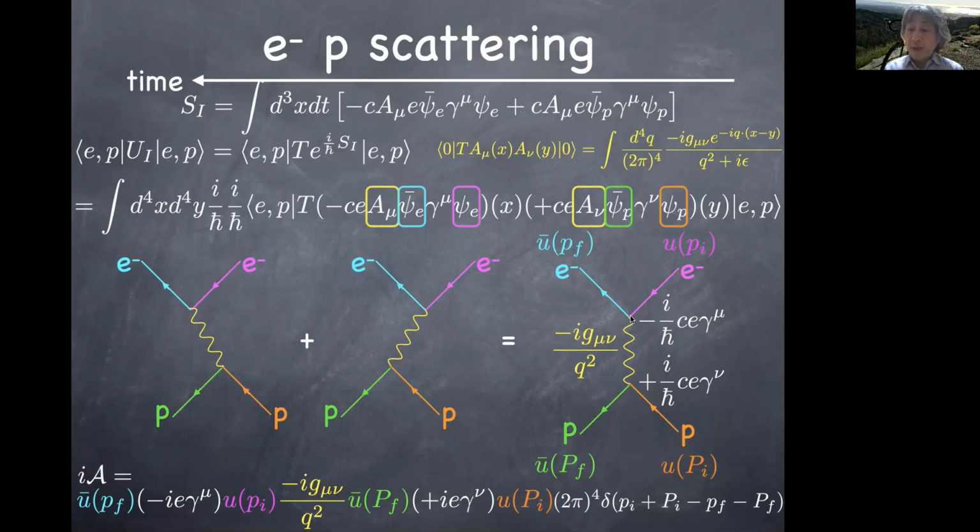So each vertex conserves four-momentum, both energy and momentum. But the existence of a photon here with non-zero q squared indicates that this is a virtual intermediate state. So that's the idea of deriving this Feynman diagram.